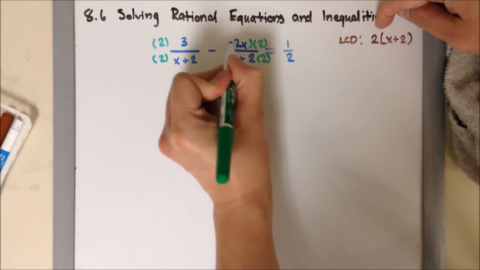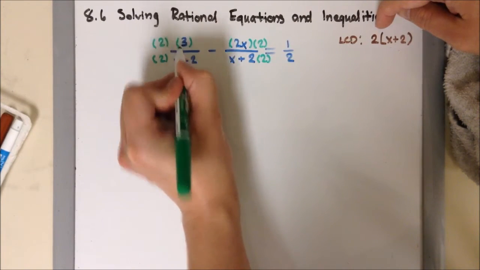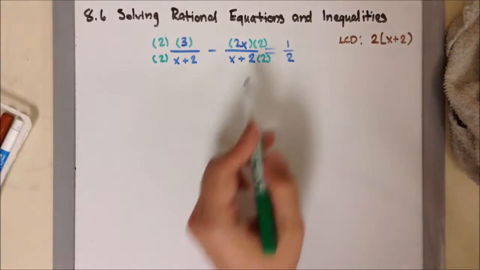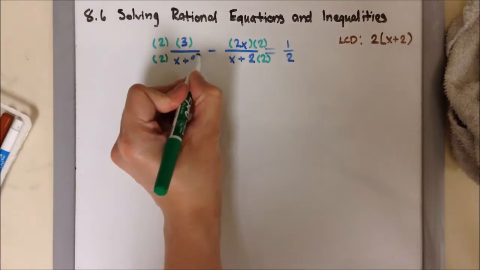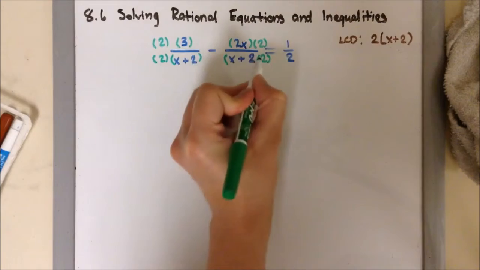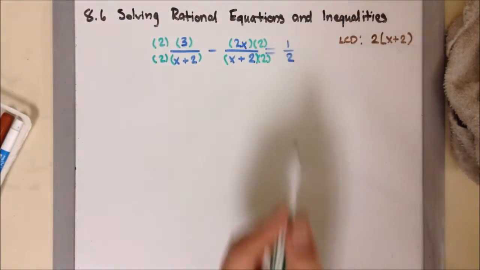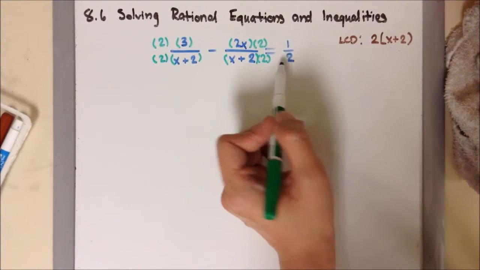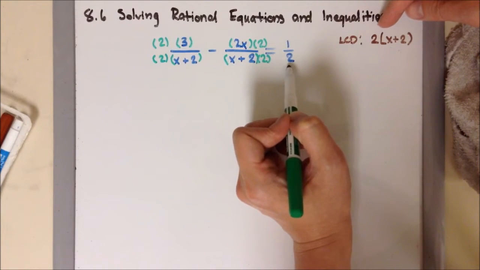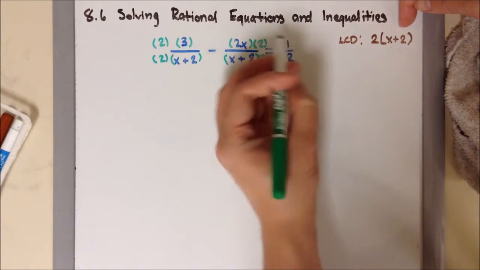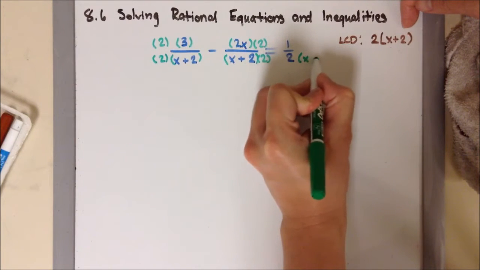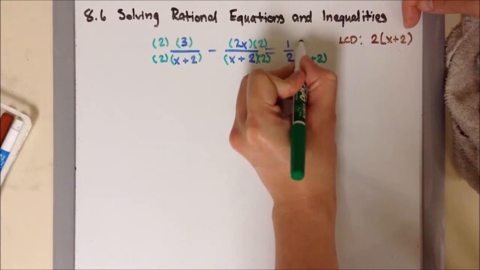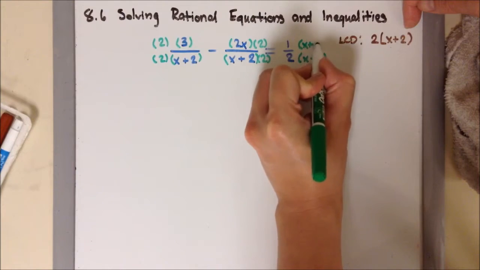But I'm going to add my parentheses on both numerators since I'm multiplying by the missing factor, and then in the denominator also. Now for the fraction at the very right, it has 2 in the denominator, so the missing factor is x plus 2. I'm going to multiply by x plus 2 in the denominator, therefore also in the numerator.